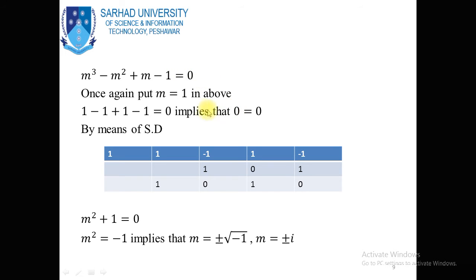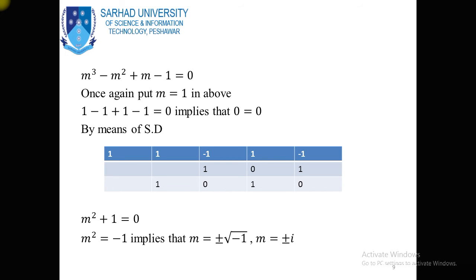Now again by synthetic division we can find the other roots, but synthetic division means the equation will be depressed. When the equation is depressed from the higher degree to the lower degree, then we can easily solve the equation by any quadratic formula or by taking common.